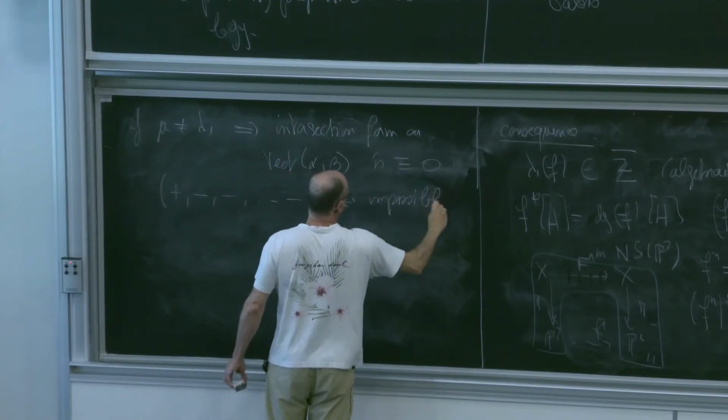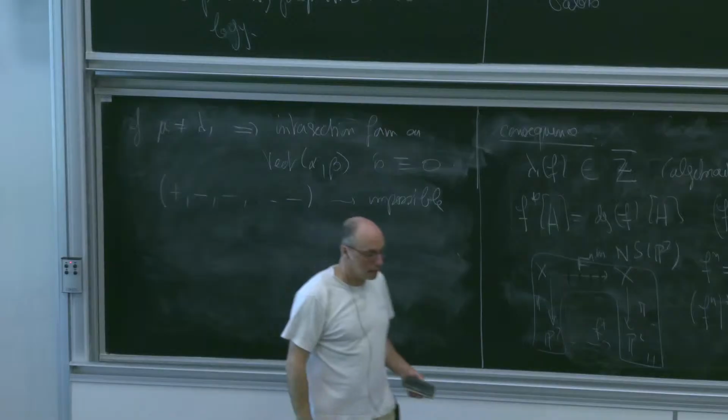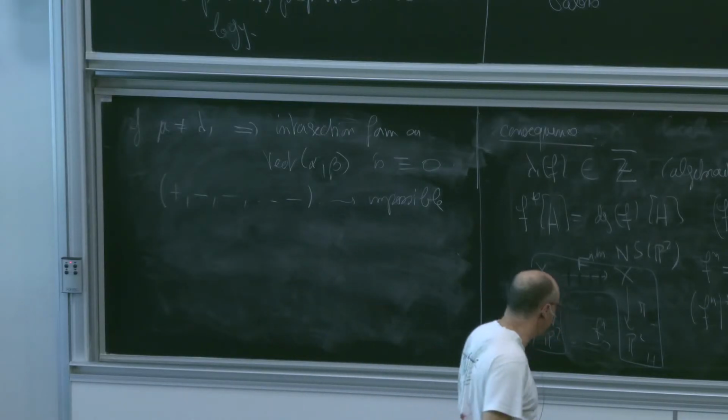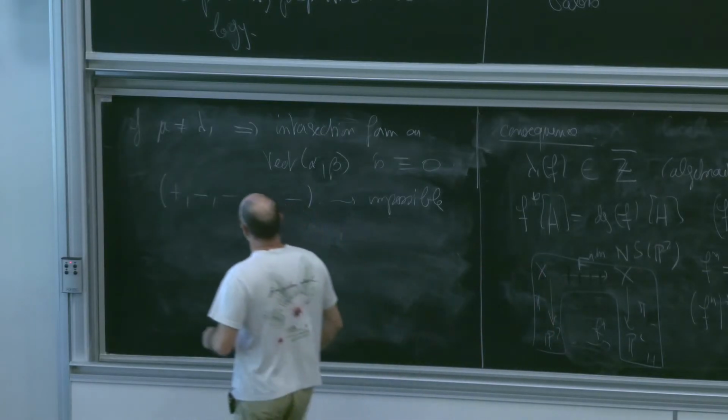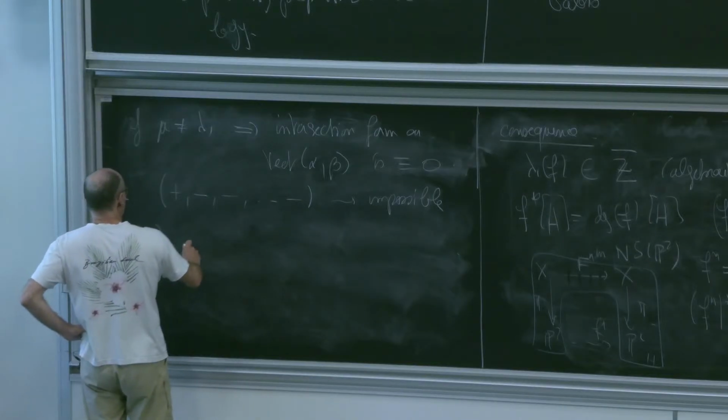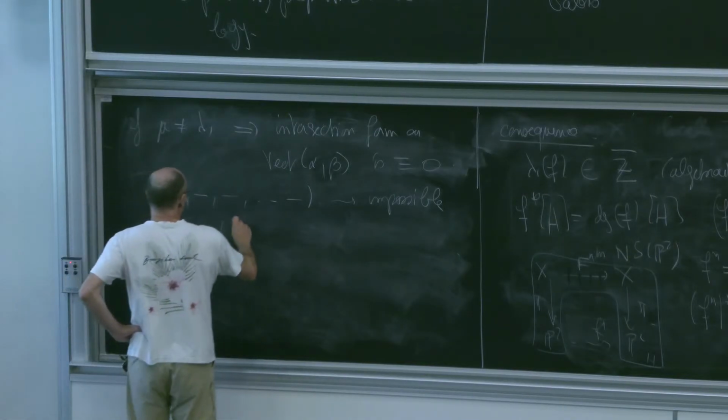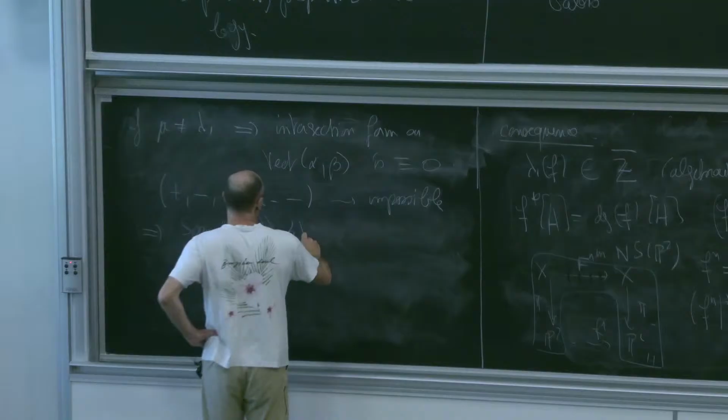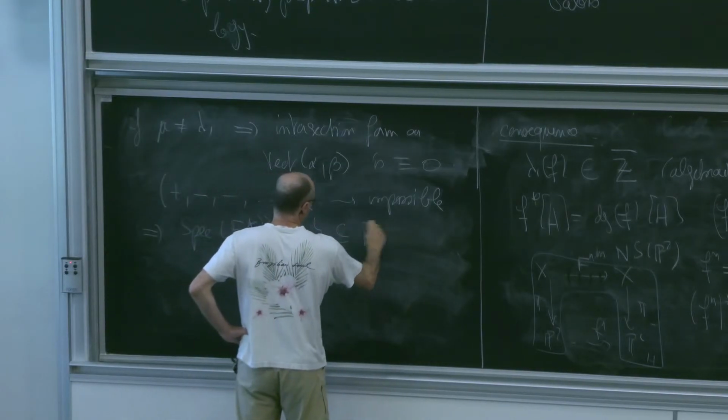You cannot find a plane over which the form is identically 0. Okay, so this implies that the spectrum of the pullback of F, if you remove lambda 1, is inside the closed unit disk.